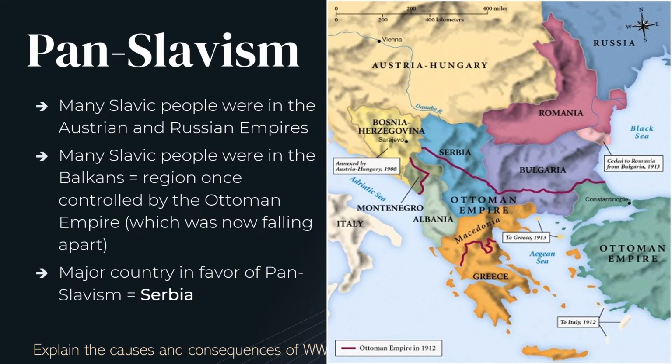Serbia is very pro-Pan-Slavism. They want people there to be a Slavic nation. Russia has some success over time with this. Right now, Russia sees Ukraine as part of that. Here we have Serbia, and on the map we looked at before, you saw that there were Serbs and Croats all up in Austria-Hungary as well.